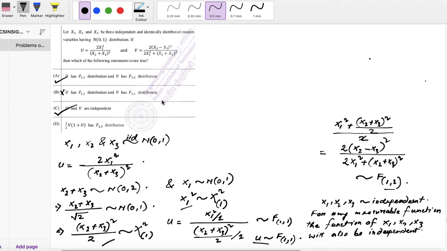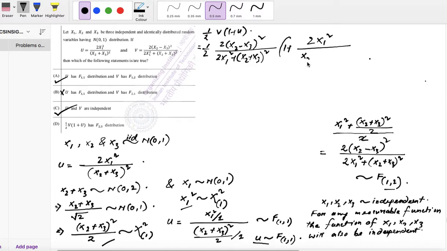Let's check option D. We are given half of V over 1 plus U. This can be written as half V, which is 2 times x2 minus x3 whole square divided by twice x1 square plus x2 plus x3 whole square, over 1 plus U. U is twice x1 square over x2 plus x3 whole square.